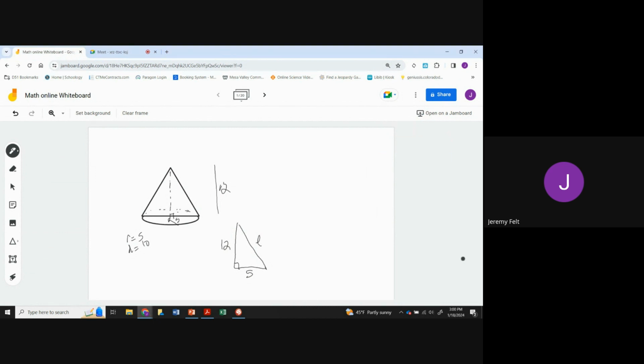So then we use what we know about right triangles and all sides. We know a squared plus b squared equals c squared, or I guess we're calling it L squared. So 25 plus 144 is 169. We take the square root. 13.